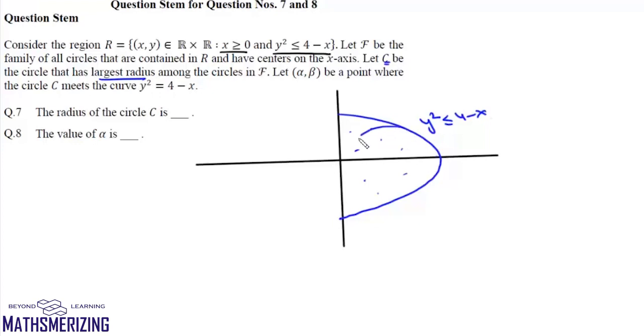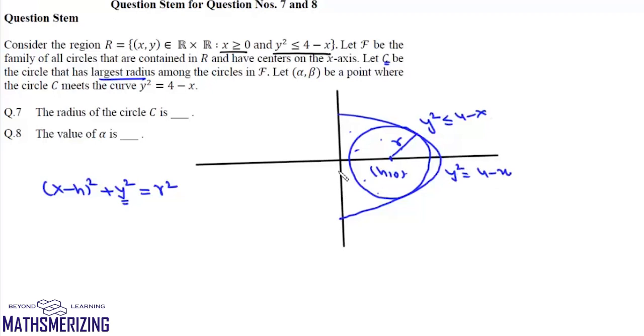So let that circle be this circle C with center at h, 0 and radius equals r. Now equation of this circle will be x minus h whole square plus y square, and it will be equal to r square. Now we'll find point of intersection of this circle with this parabola, which is y square equals 4 minus x, to establish this condition of tangency.